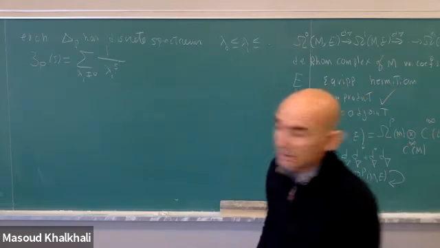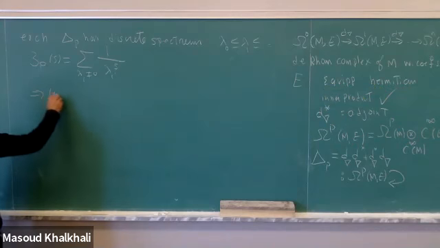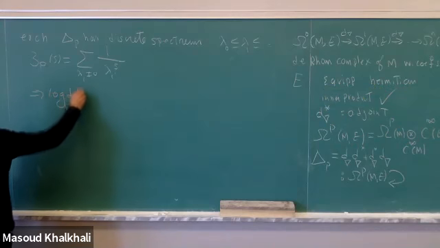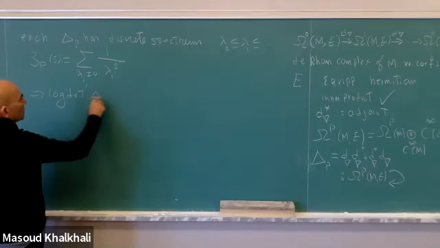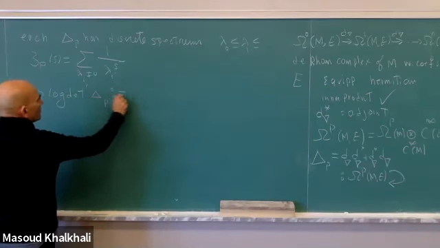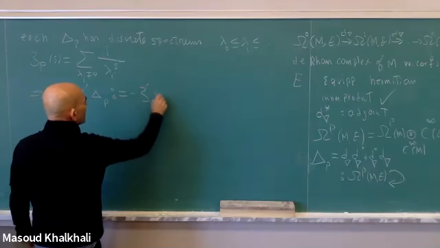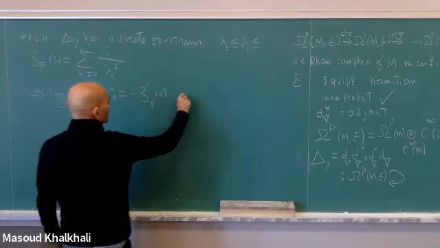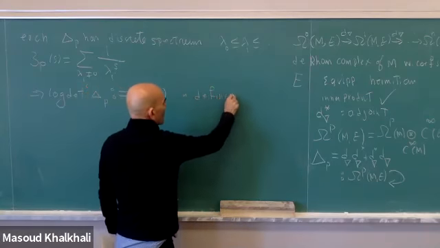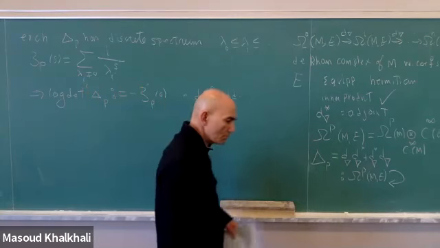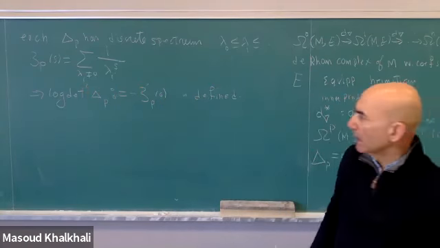Then we can define this determinant: log det prime of delta p is by definition equal to minus zeta prime p at 0. Okay, so this is all defined and nice.